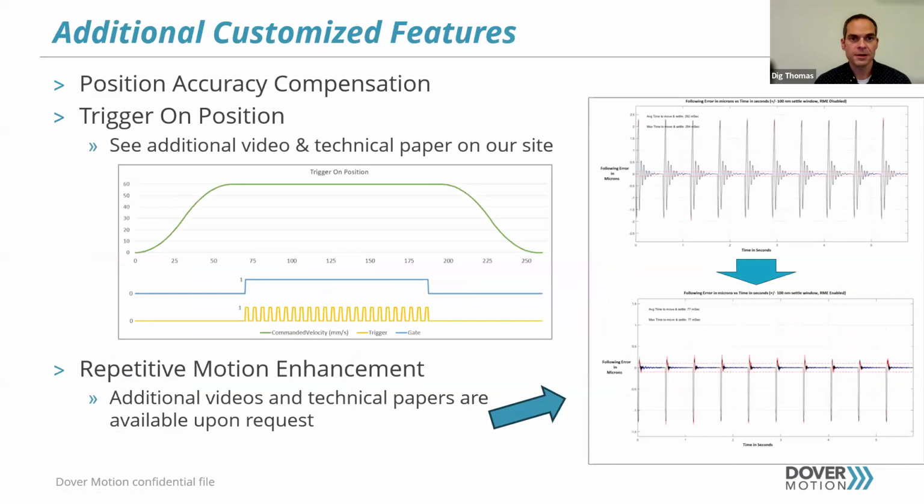So these are customized features which PMD has basically implemented into our firmware. Working with PMD is great. We truly see them as a partner, and we're able to have these great features like position accuracy compensation, which we're always looking for, 3-letter acronyms.